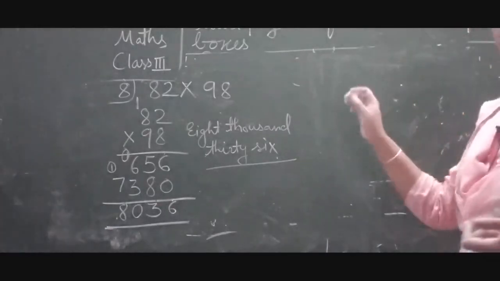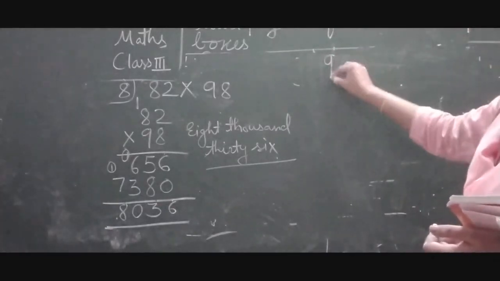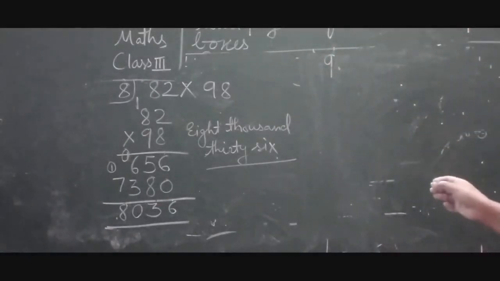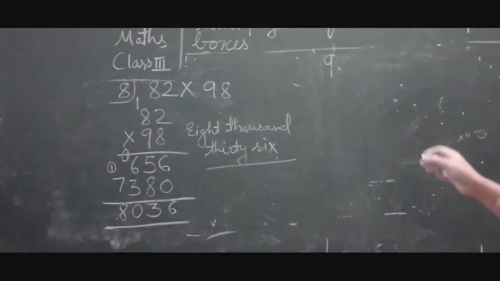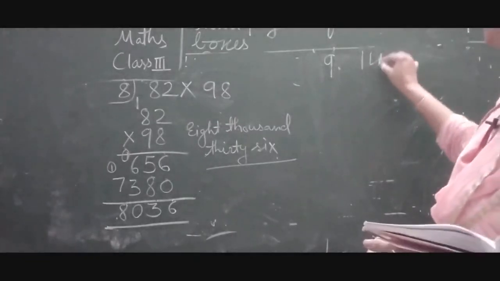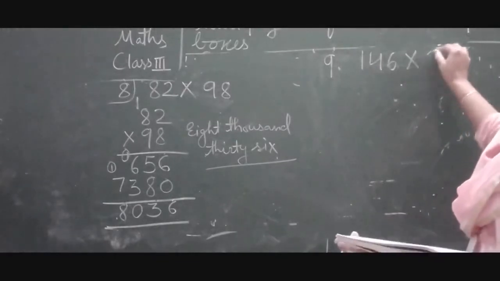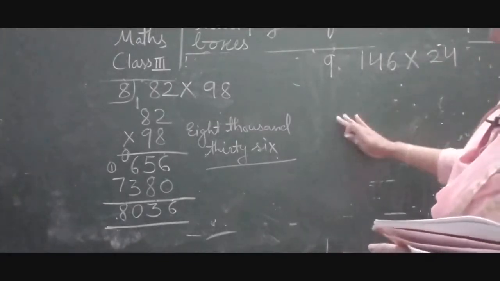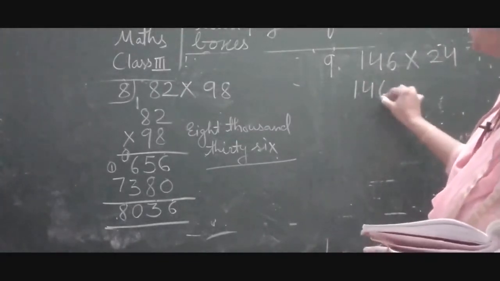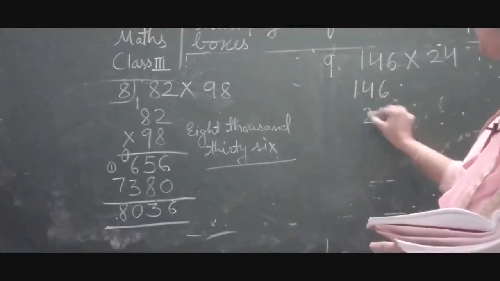Now here children, we are moving to number 9, that is 146 multiplied by 24. So here children, 146 we are going to multiply by 24.